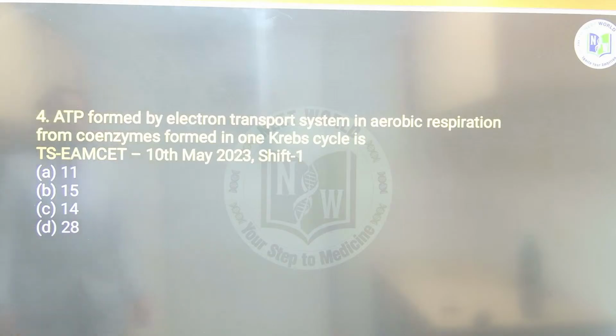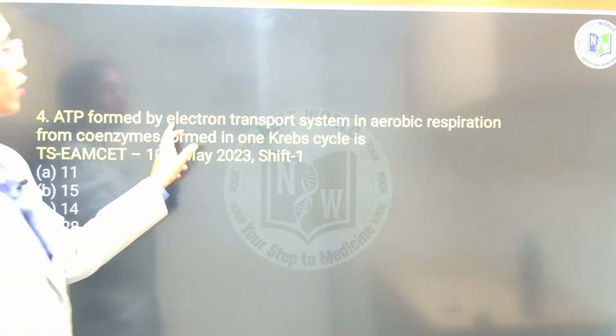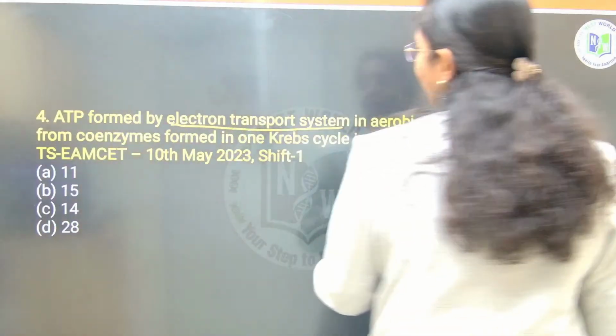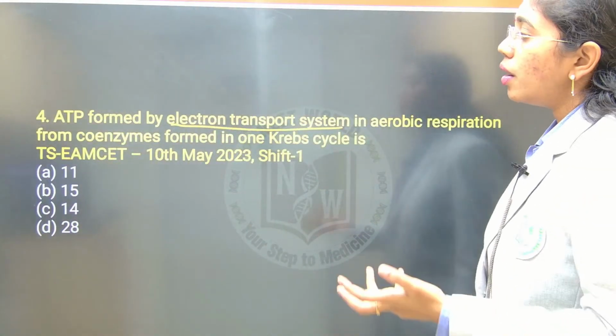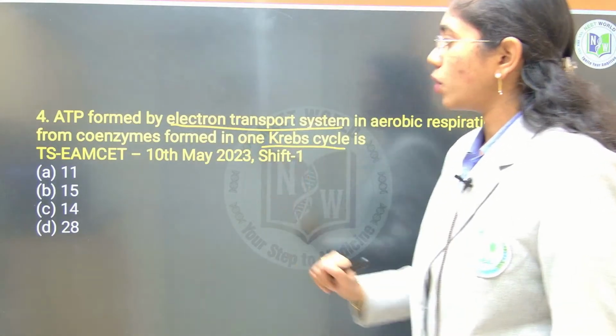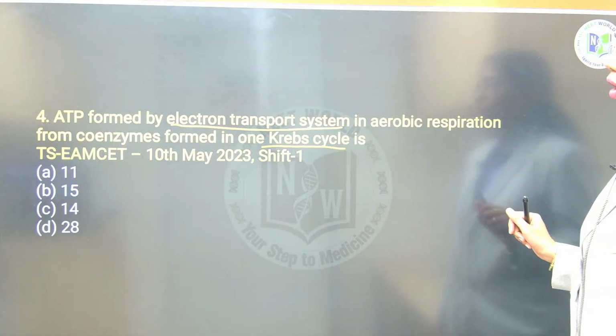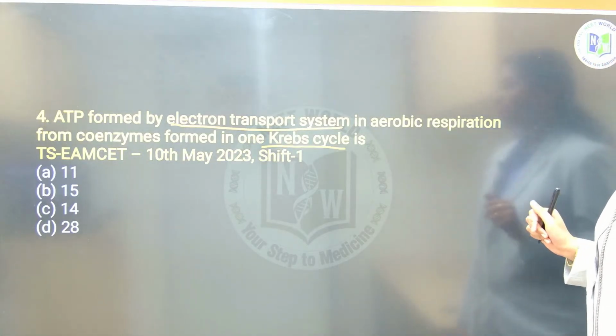Yes, this question is on ETS. Look here. ATP formed by the electron transport system in aerobic respiration from coenzymes formed in one Krebs cycle. In one Krebs cycle, how much ATP is formed by ETS in aerobic respiration?